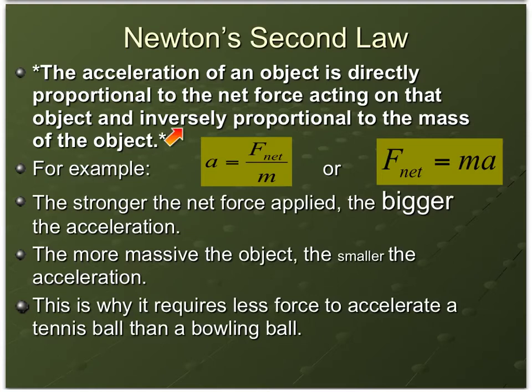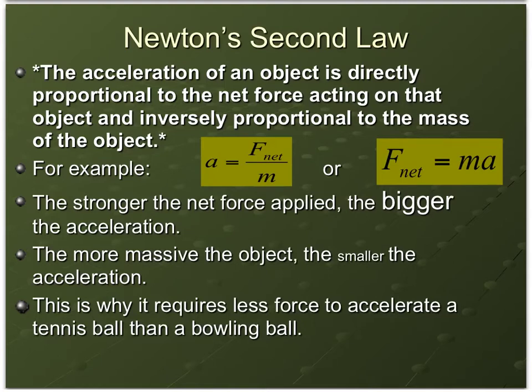If something is inversely proportional, that means it changes in opposite directions by the same factor. So if I double one value, the other value is going to be cut in half. Or if I cut one value in quarters, the other is going to be multiplied by 4.